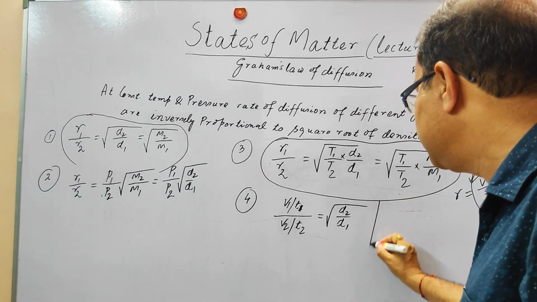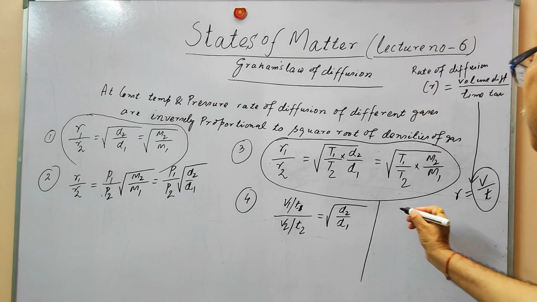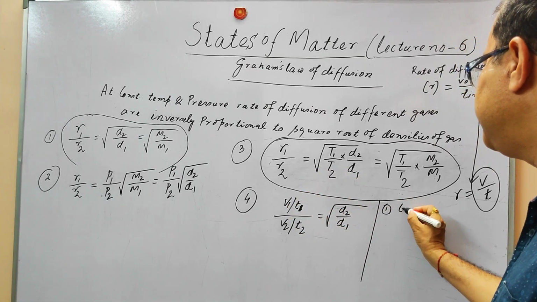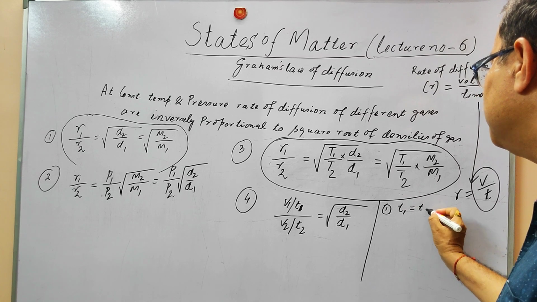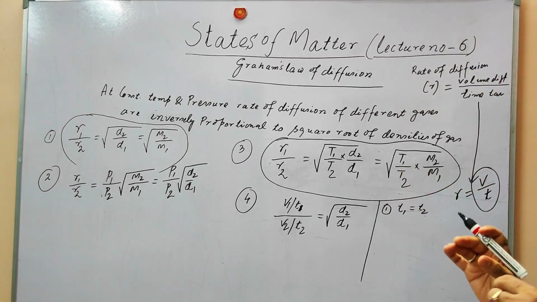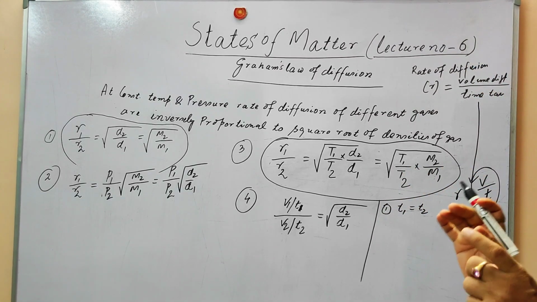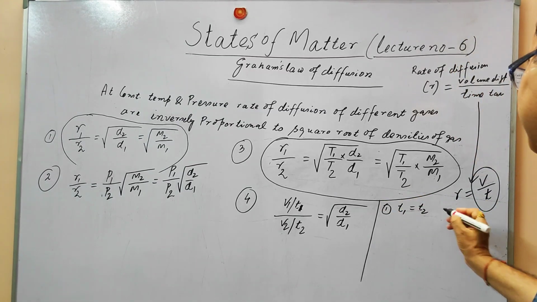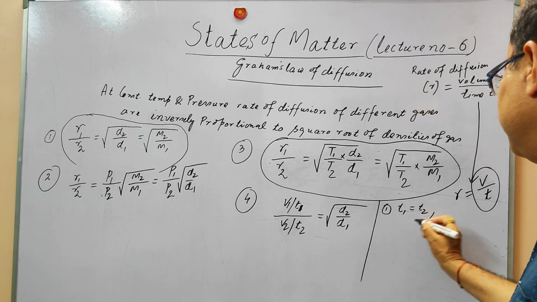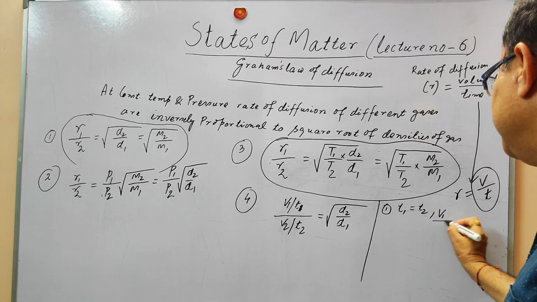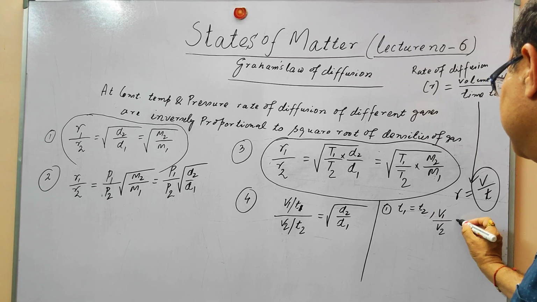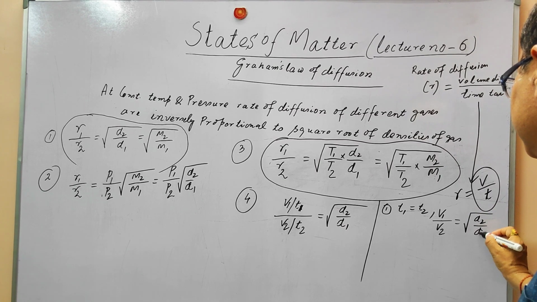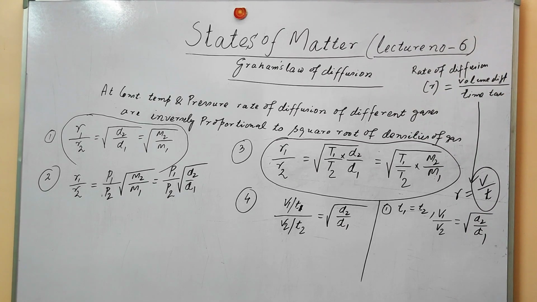So for this, there will be two cases. Number one, when T1 is equal to T2, the time of diffusion will be the same. This type of numerical we will do. When T1 is equal to T2, this relation will be V1 by V2 equal to D2 by D1. So what does it mean?